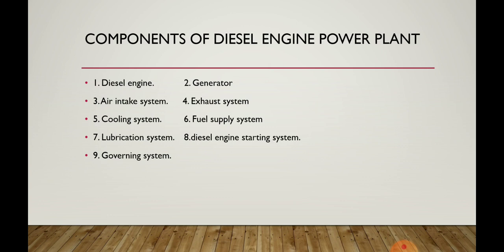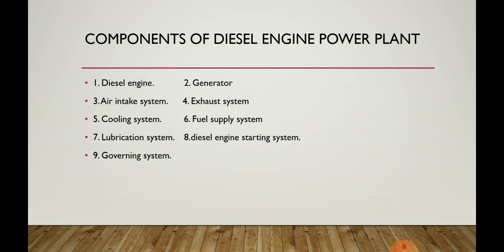The second one is the generator. The generator is coupled to the output shaft of the diesel engine. It is used to convert the mechanical energy available at the output shaft of the diesel engine into electrical energy or electric power.